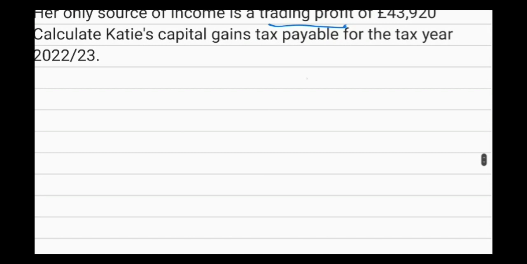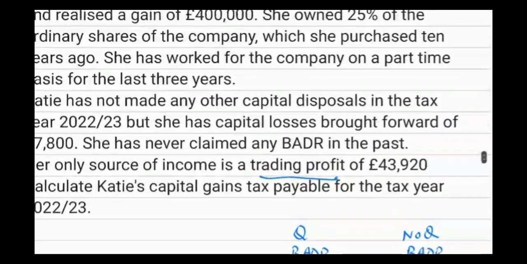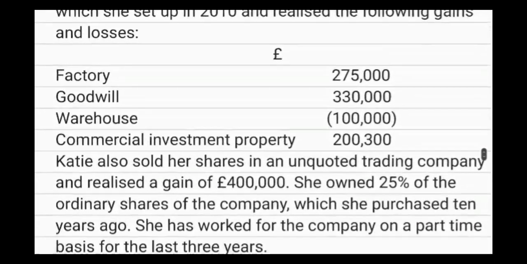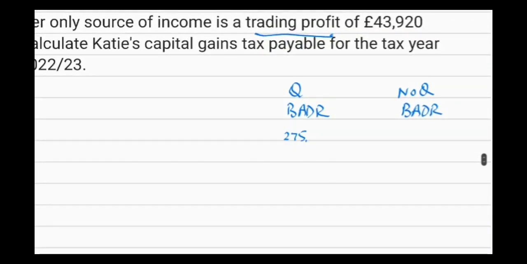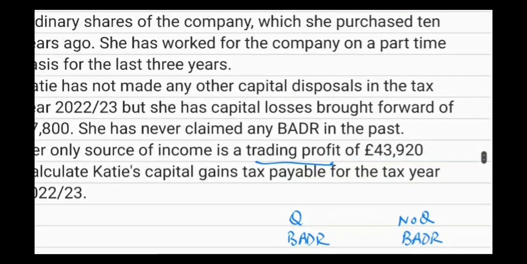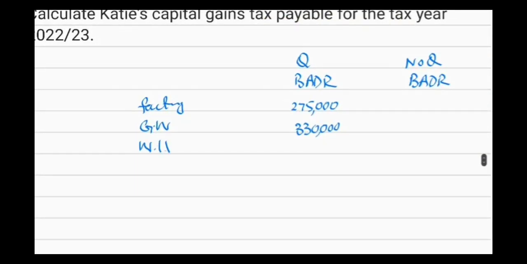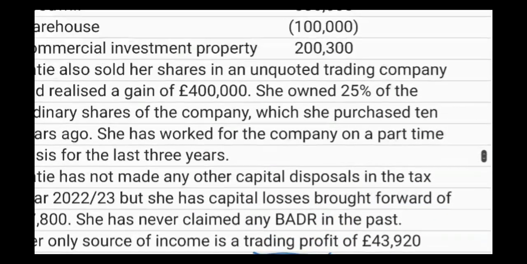So here we need to consider which assets qualify for BADR and which assets do not qualify for BADR. We have been given the factory 2,75,000 and goodwill 3,30,000. Then we have sustained a loss on the warehouse, losses 1 lakh.